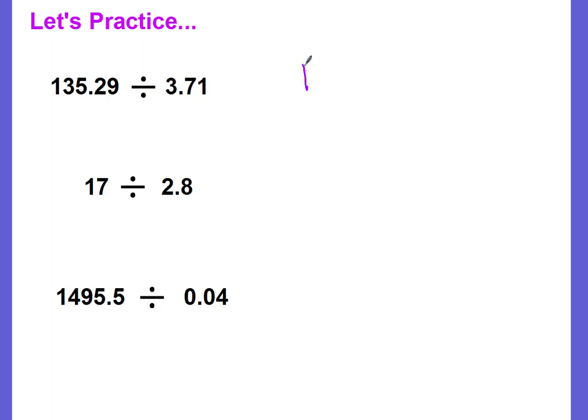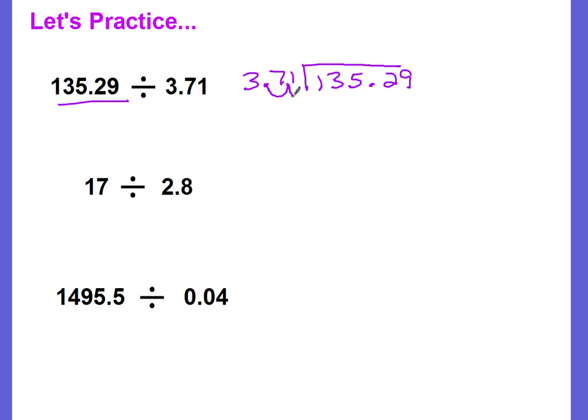Okay, the first one. Again, the first number, 135 and 29/100ths, always goes inside the house. The divisor is the second number, and it goes on the outside. All right, cannot have a decimal divisor. If I slide this decimal point one place to the right, like I've been doing, will it give me a whole number? No, it then becomes 37 1/10, so we still have the decimal.